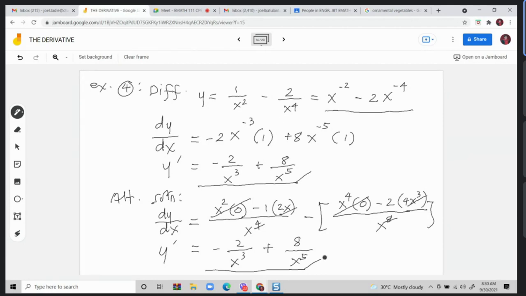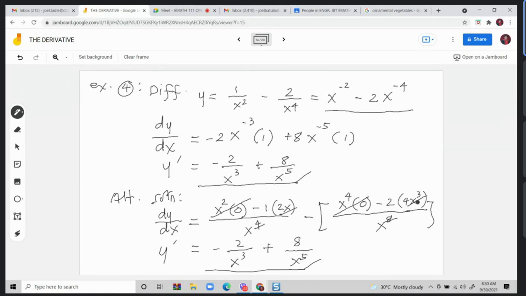Then, minus, copy. Yeah, again, we'll use the quotient rule. The denominator multiplied by the derivative of the numerator, which is 0. Then, minus the numerator 2 multiplied by the derivative of the denominator, which is 4x cubed. Okay.